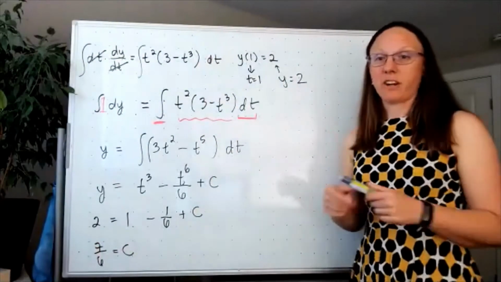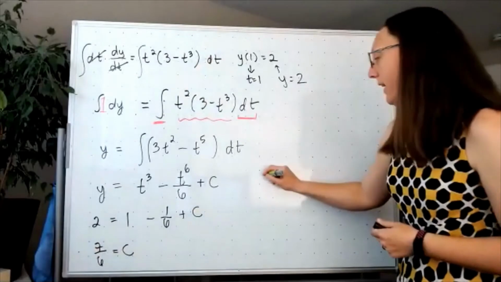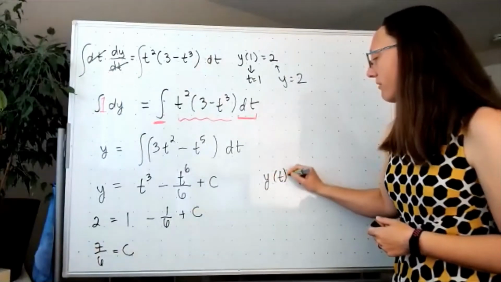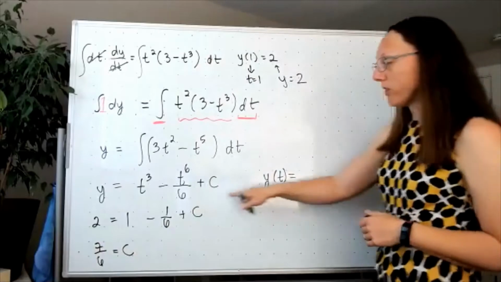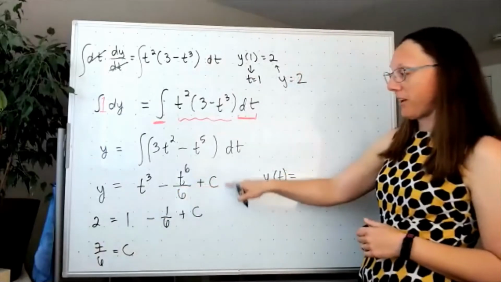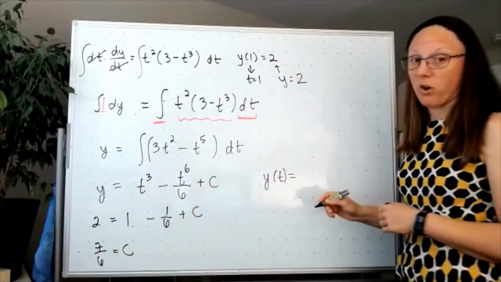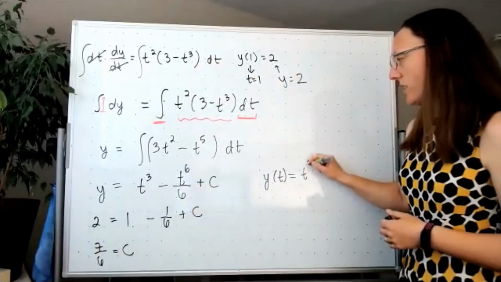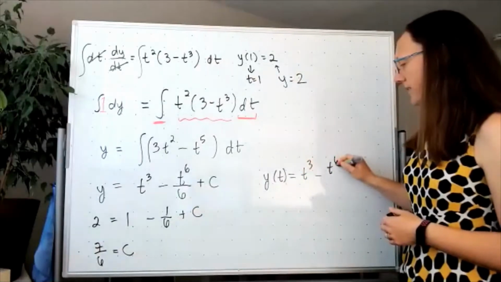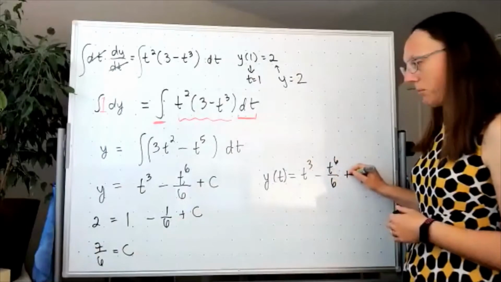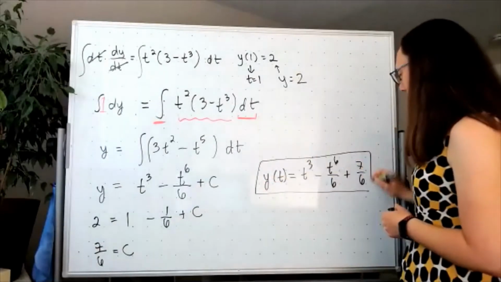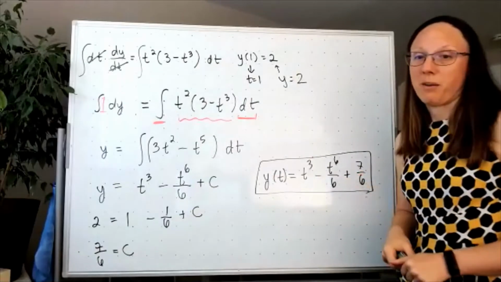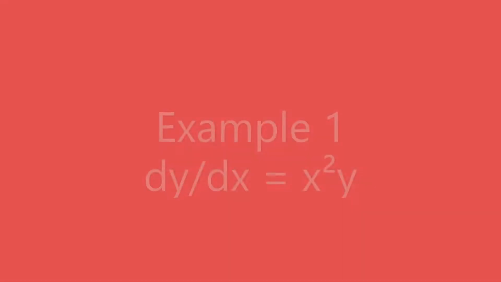So my final answer in terms of finding y as a function of t would look like this entire thing, but where I've plugged in the value for c. So y equals t cubed minus t to the 6th over 6 plus 7/6. And that would be my final answer.